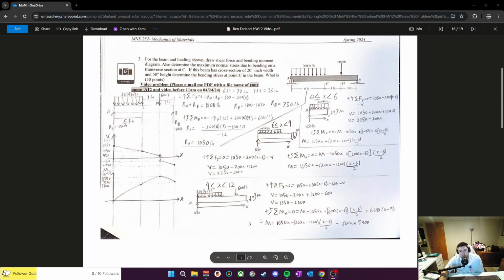And then we can also do the sum of the moments at point O, which is equal to 0, counterclockwise is positive, which is equal to M minus 1050x plus 200 times x minus 6 times x minus 6 over 2. And then we can also add 600 times x minus 9.